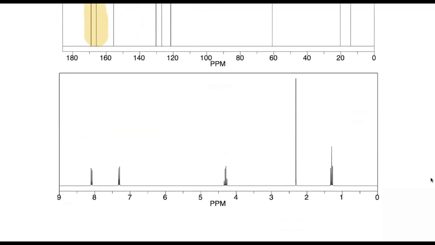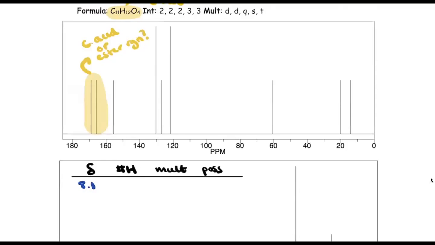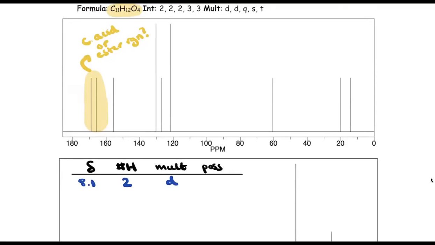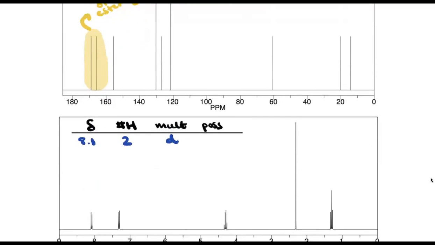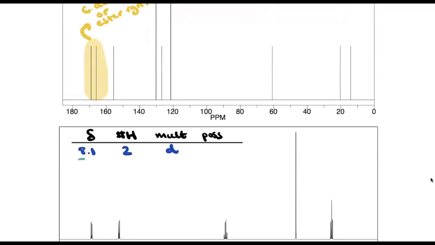Cool. Now, if you know me, you know I love making my little chart. Chemical shift, number of hydrogens, multiplicity, possibilities. Okay, so I'm gonna start off by writing down each of these peaks. So I have 8.1, that's going to integrate to 2, and it's a doublet. I have one at 7.3, 2, doublet.